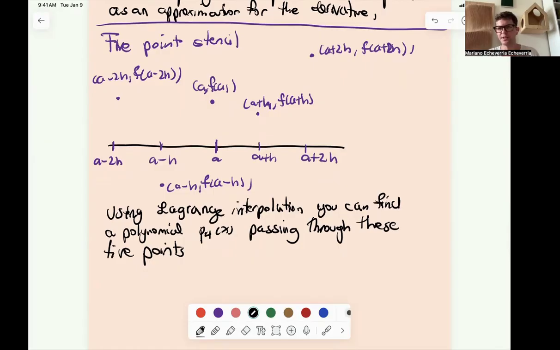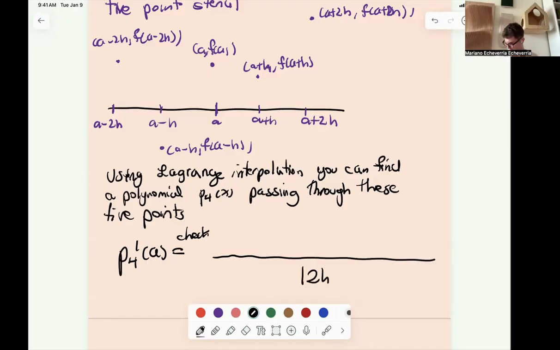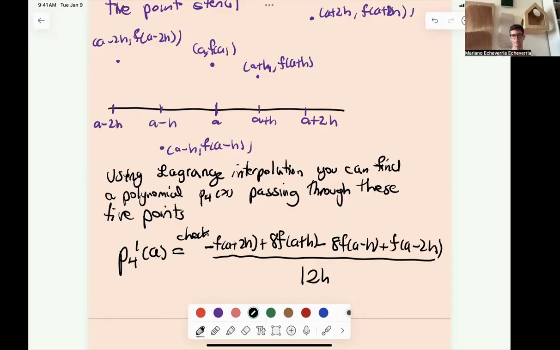But you would find this polynomial of degree 4, and you can check that if you take the derivative of that polynomial at a, again, you can try to check it if you want, then you will find this answer. So that gives you the 5 point stencil.